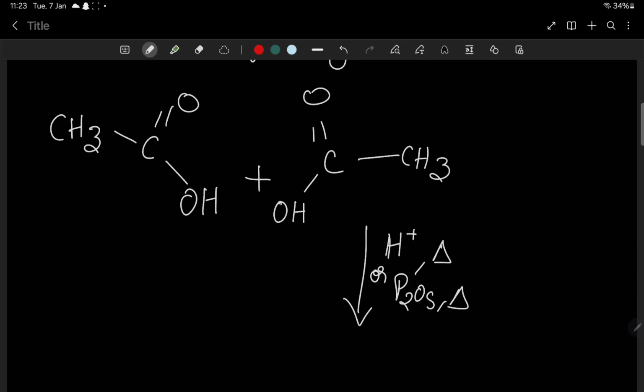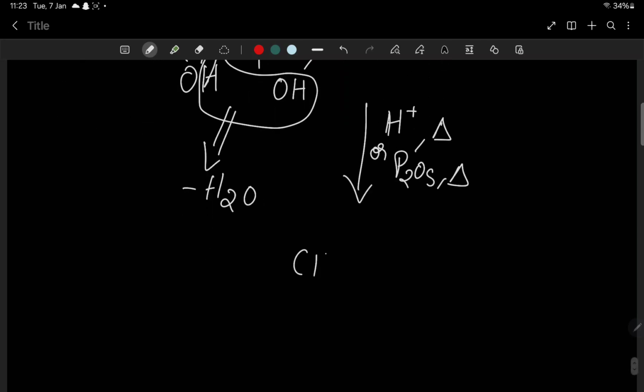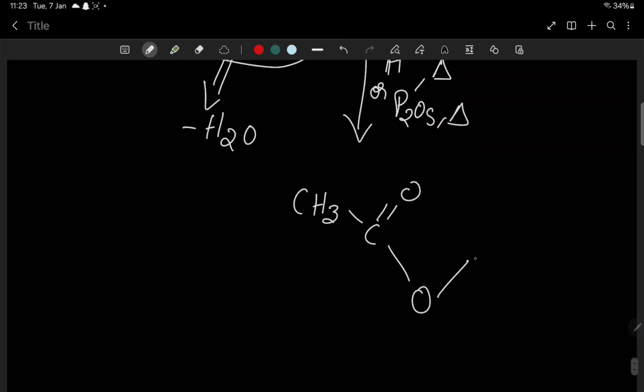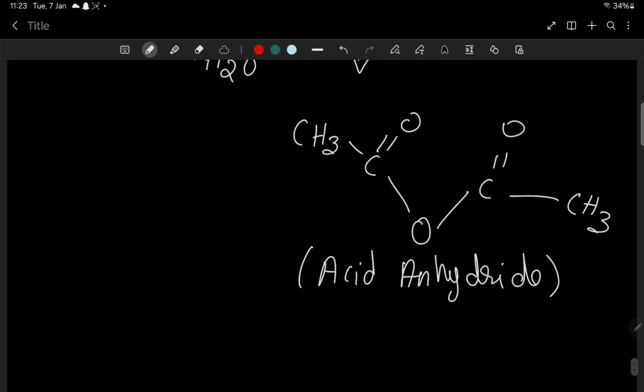H2SO4 you can add, acid you can add, or P2O5 and heat it. Any one of these water removing reagents. What happens is that H2O goes away, minus H2O, and we get the compound CH3-C=O-O-C=O-CH3. This is called acid anhydride. Okay, simple. Just remove one H2O and join the oxygen.